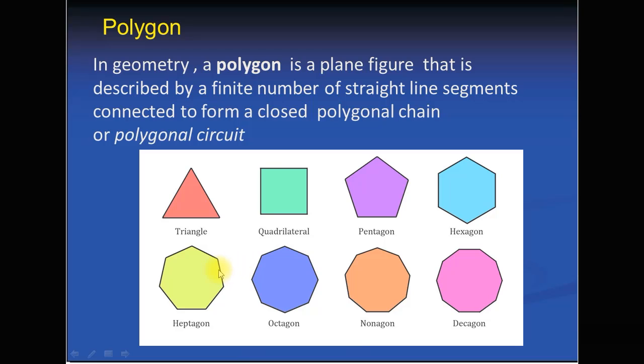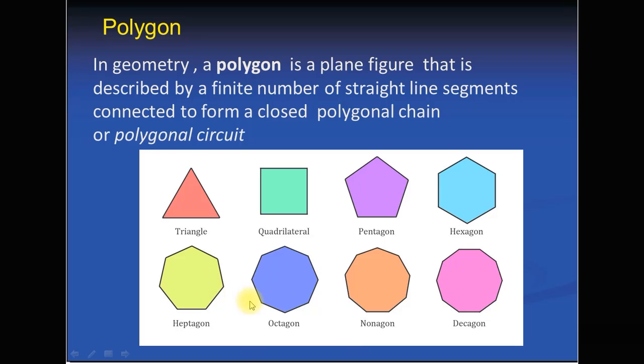And another type of polygon is the heptagon. Heptagon has seven sides: 1, 2, 3, 4, 5, 6 and 7. In this heptagon polygon, there are seven sides connected to form a closed polygonal chain.